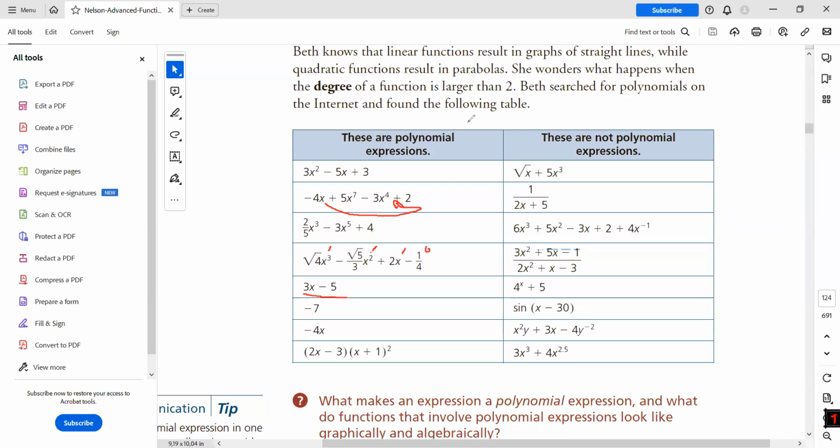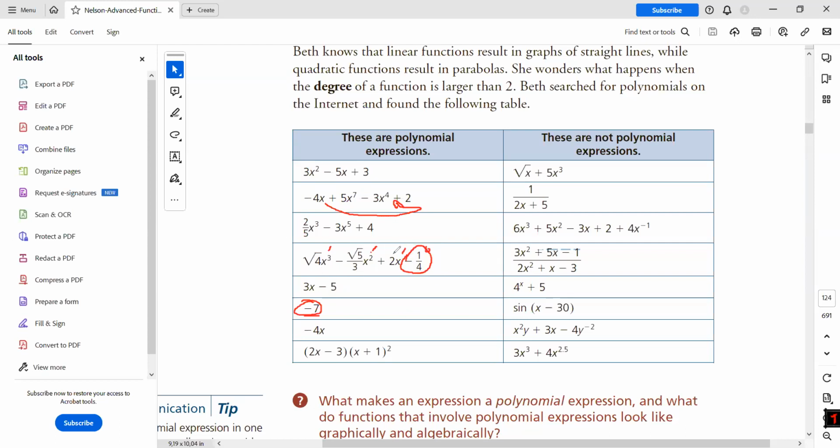3x plus 5, 3x minus 5, minus 7, minus 4x. These all are polynomial expressions, basically, which have the second or third term equal to 0, right? If we have minus 7, it means we have only this part of the polynomial expression.